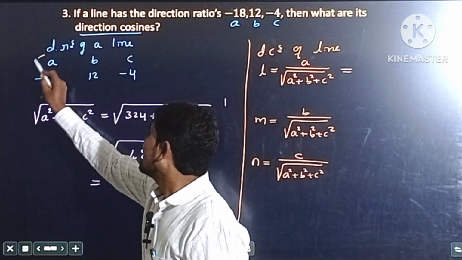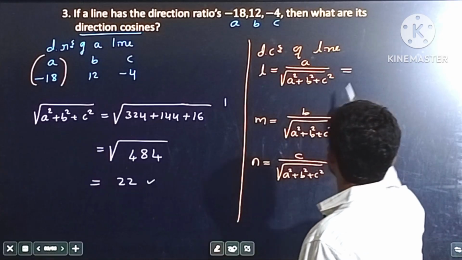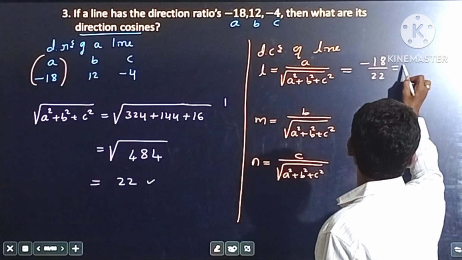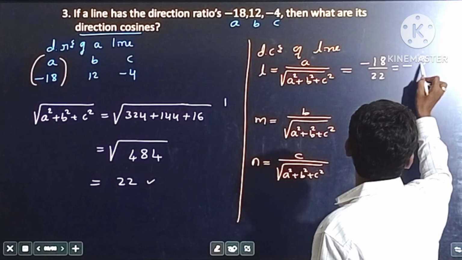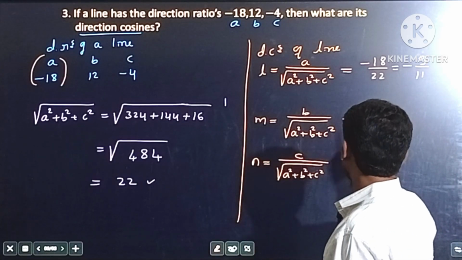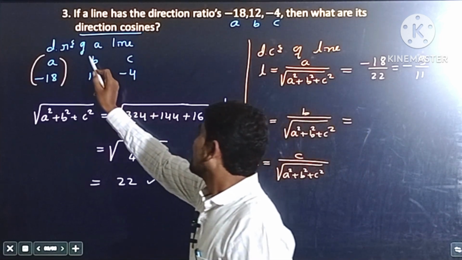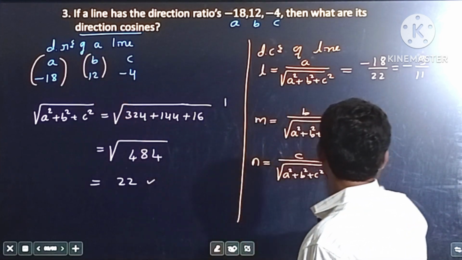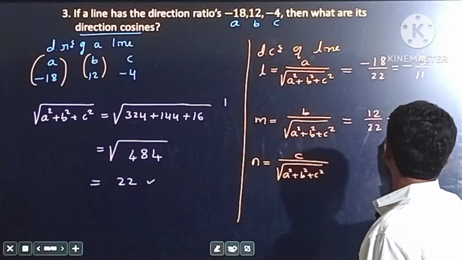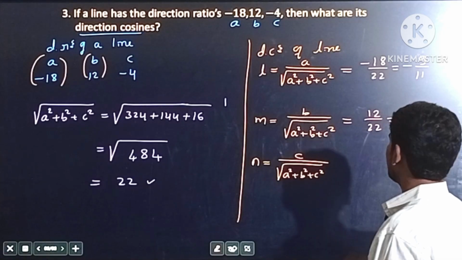Hence, the required direction cosine L is equal to A divided by 22, where A is minus 18. So L equals minus 18 divided by 22, which is minus 9 by 11, as 2 9s are 18, 2 11s are 22. Similarly, the value of M is B divided by 22, where B is 12, so 12 divided by 22, which is 6 by 11.